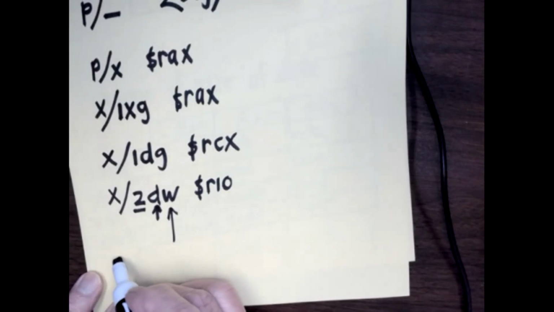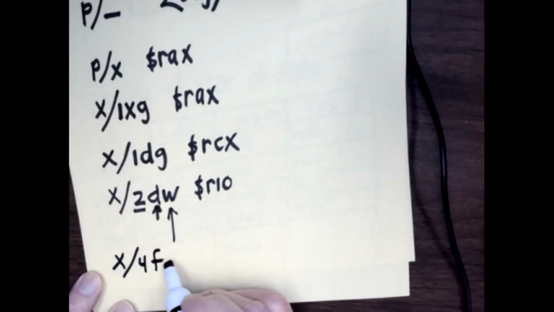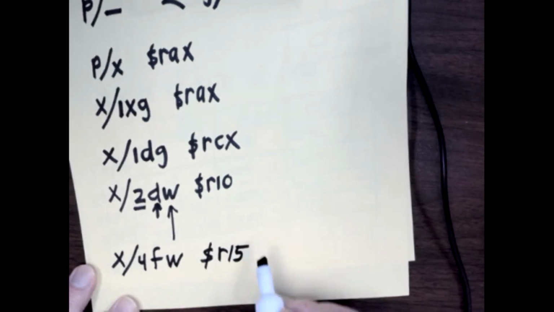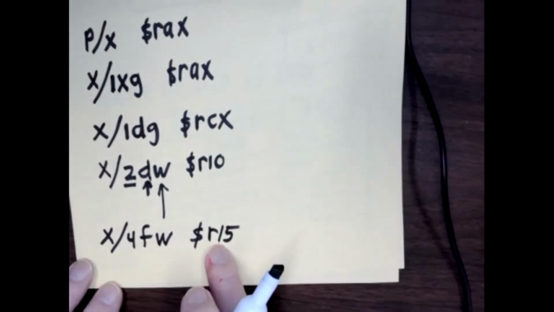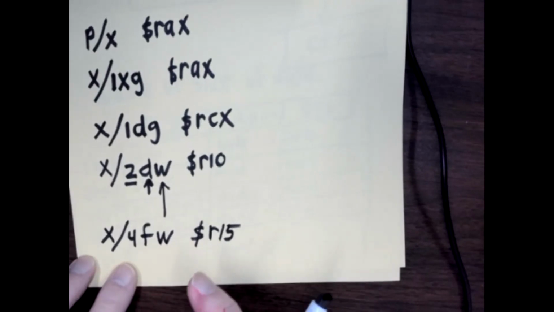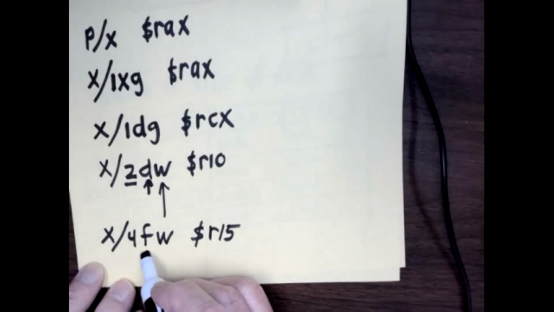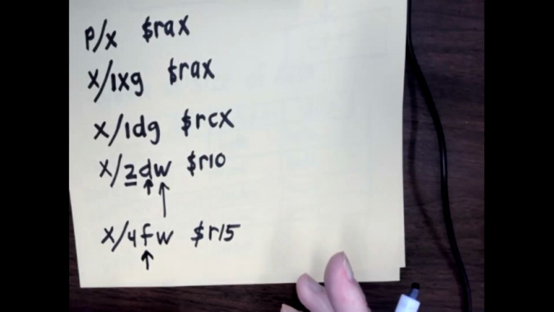Here's one more example. X/4 floats W $R15. So that means use what's in R15 as an address. Go to that address and use 4 bytes to form an IEEE floating point 32-bit number and display it.